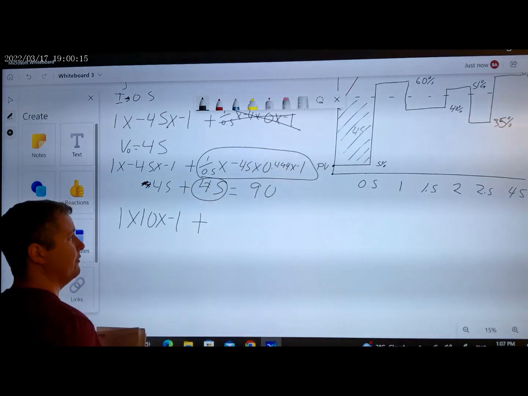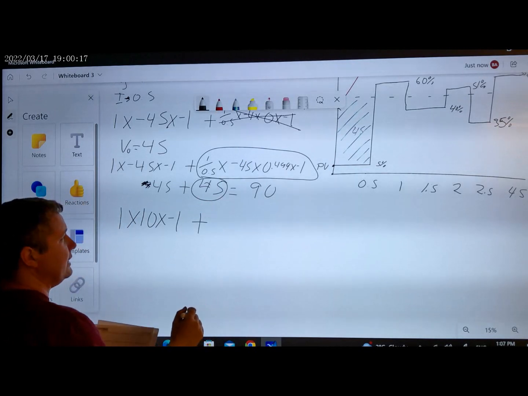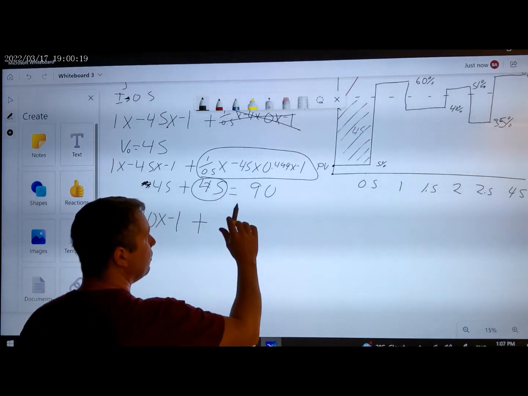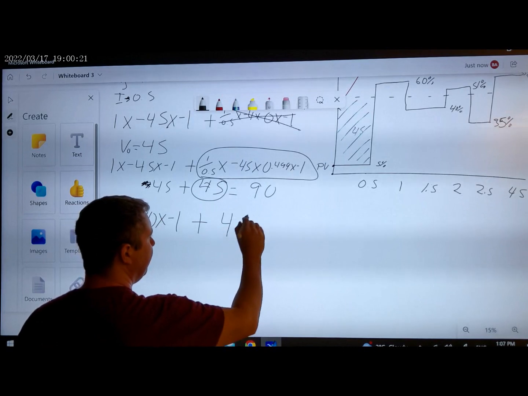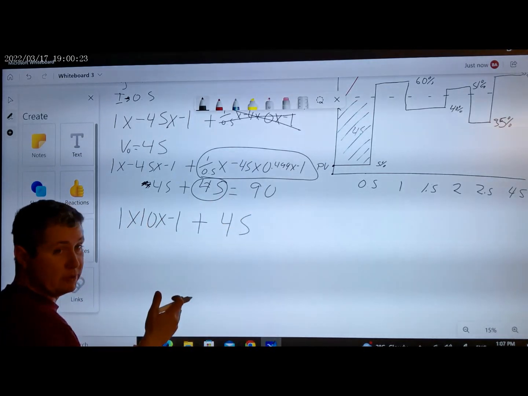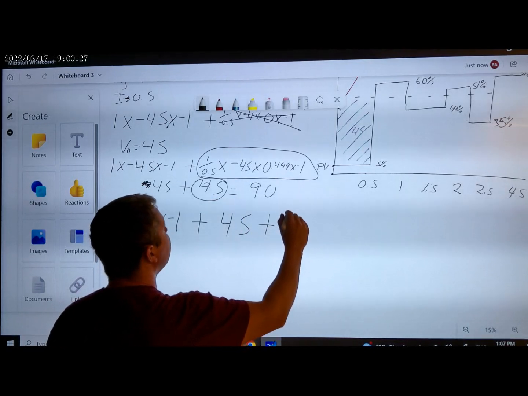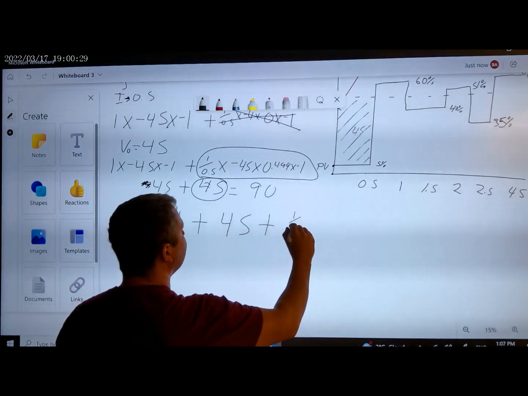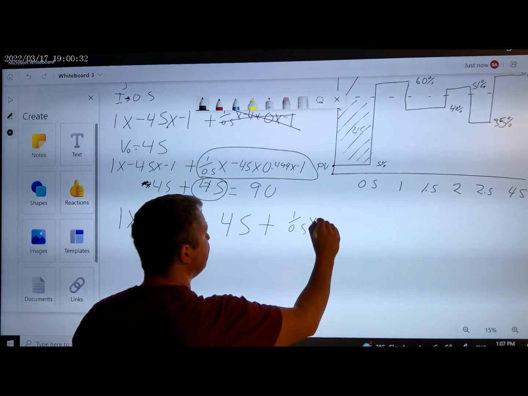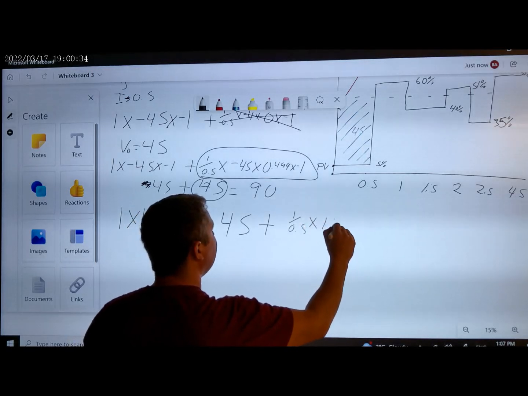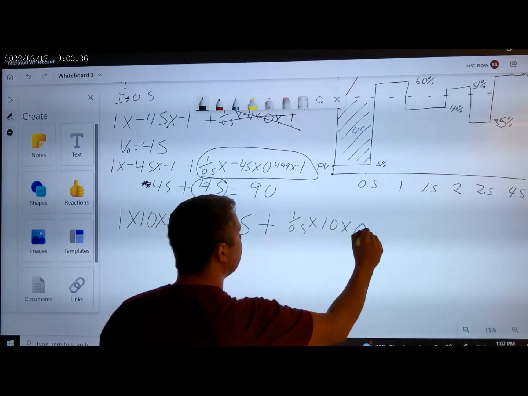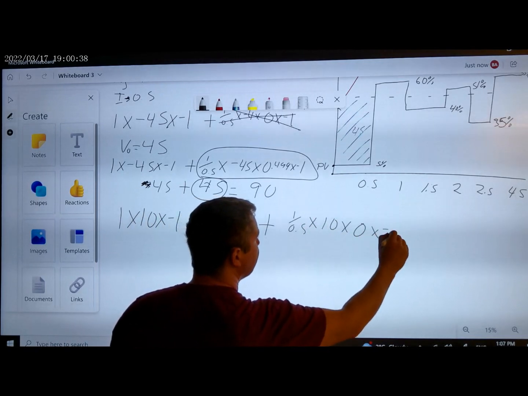We already know that's 45. So instead, we're going to go 45, because that's the old 45 that was there, and we're going to add it to our new integral, which is 1 over 0.5 times 10 times 0 times minus 1.